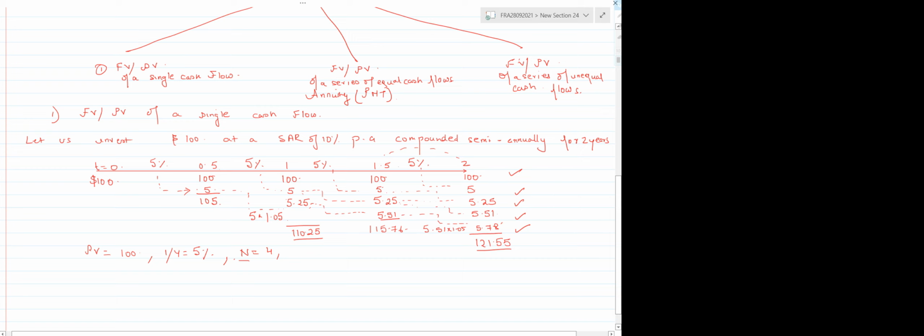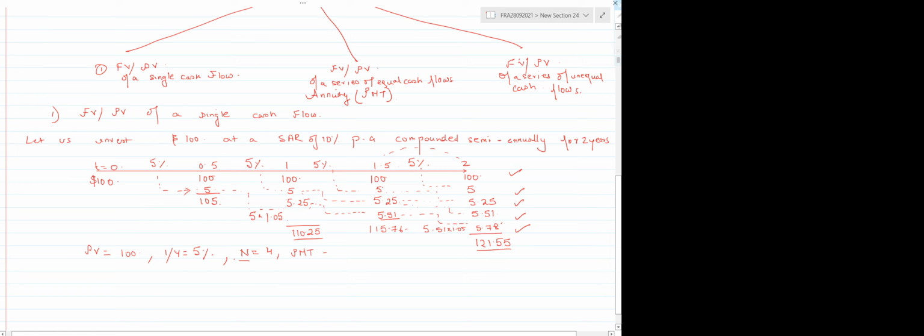Tejas, if you don't have your calculator, I'll ask you to just download the Texas Instruments app on your Android. Vishal, do you have your calculator, please? Okay. So PV equal to 100, I/Y equal to 5%, N is equal to 4.